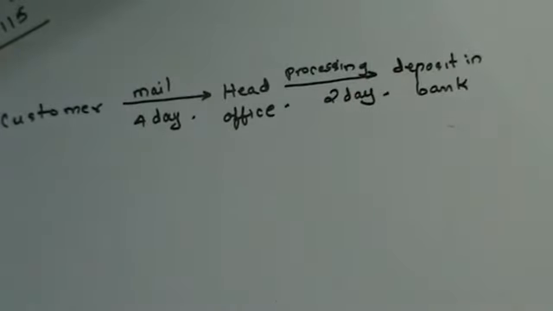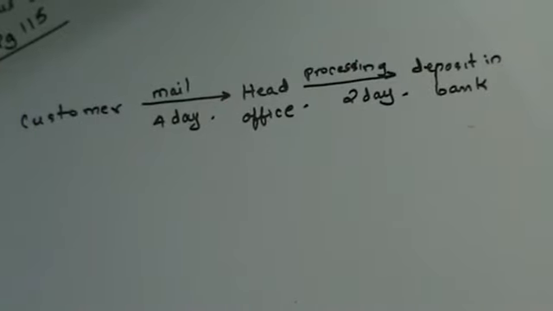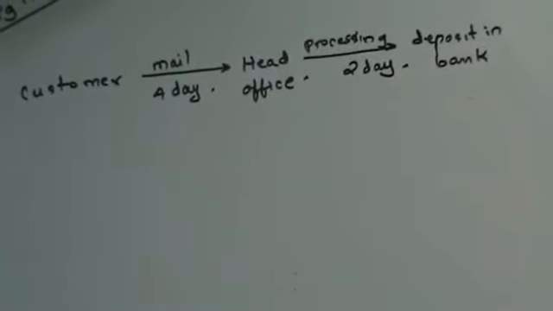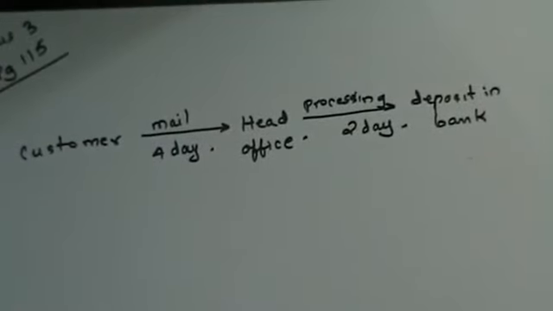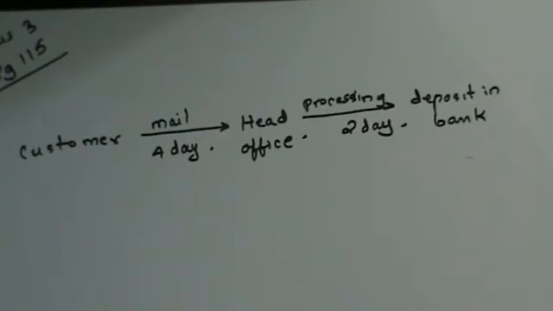That means once the customer has mailed the check to you and by the time it is deposited, 6 days are used in between. They have also given you that the average daily collection of the firm is 2 lakhs. Now this is called your central collection system or centralized location system.